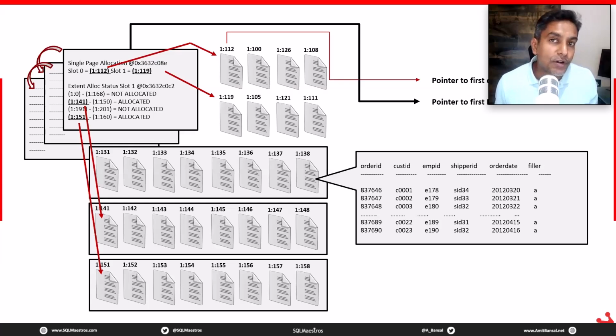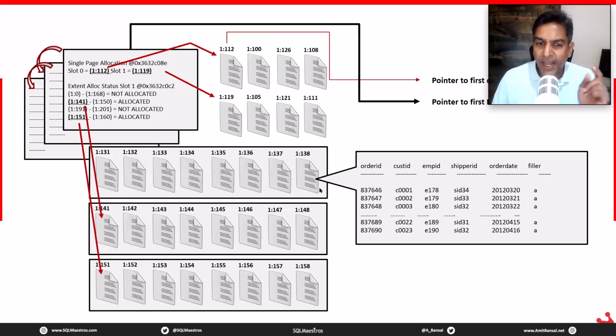Think about this book without a table of contents and without index pages at the back of the book, just a bunch of pages. Now, what you also see in this diagram, on the top left, is index allocation map pages, etc. I will skip that for the time being because that will take us into a lot of technical architecture about the storage, which is not required at this moment.